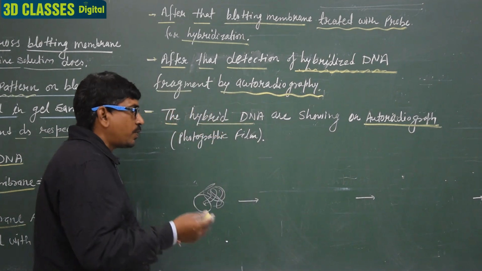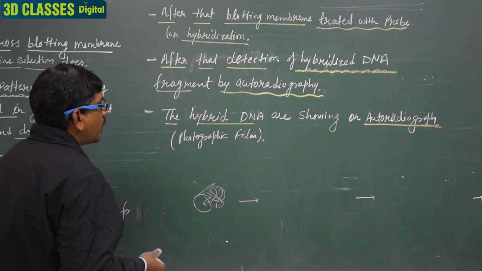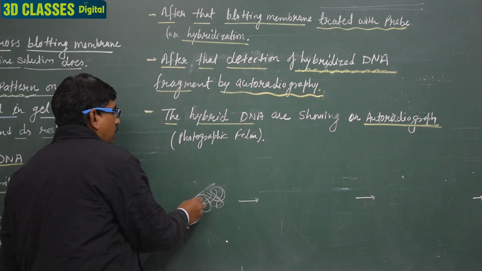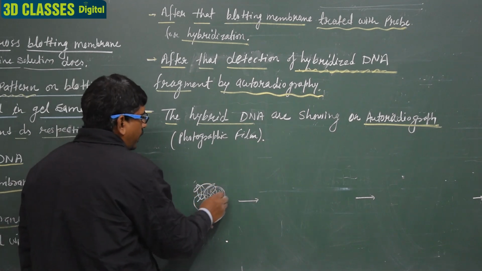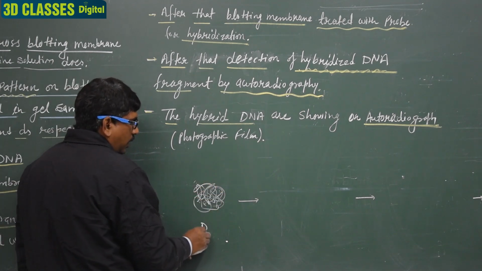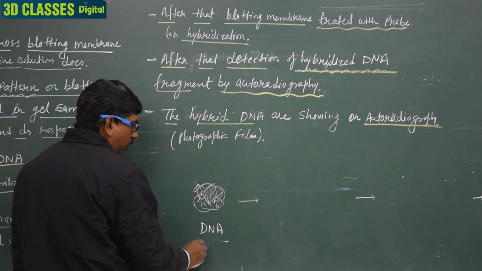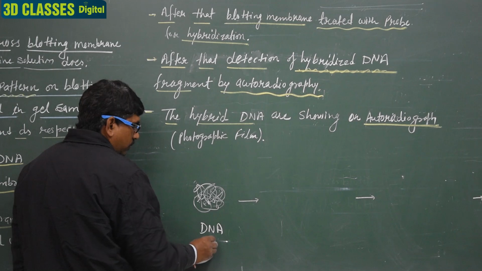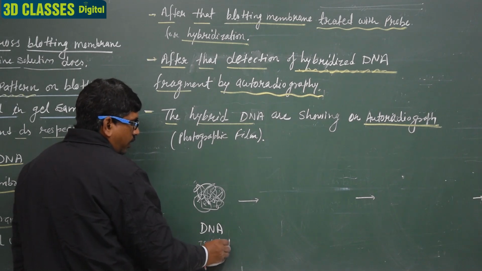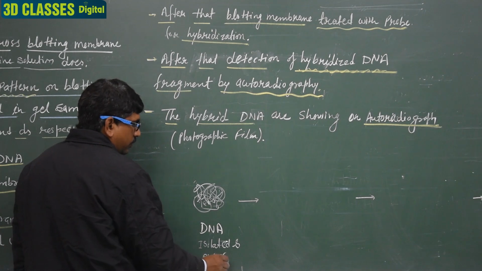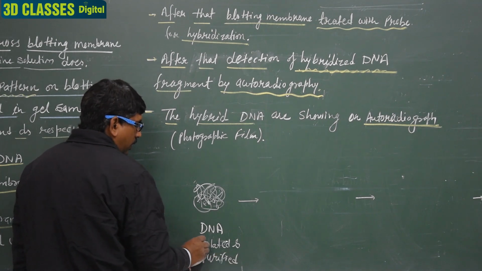Clear? So I will explain with the help of the diagram according to your book. The first one is the DNA, a DNA of any source. Clear?